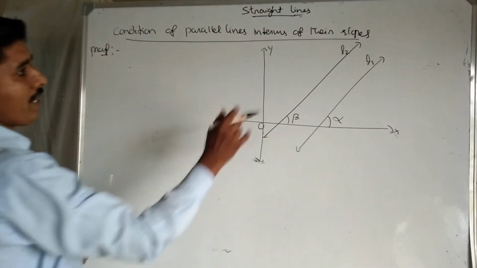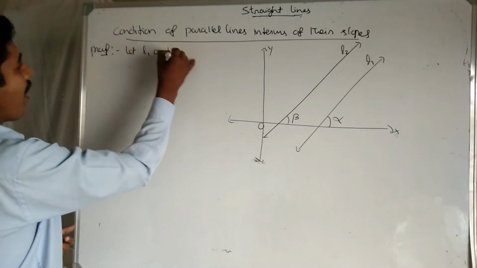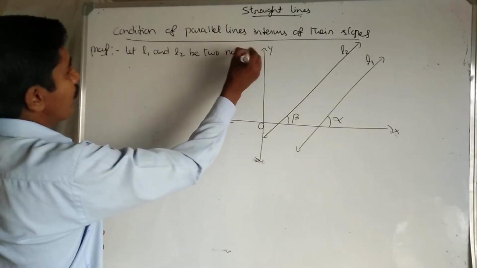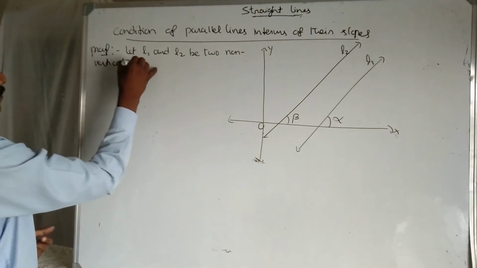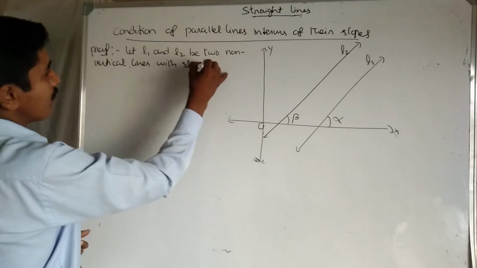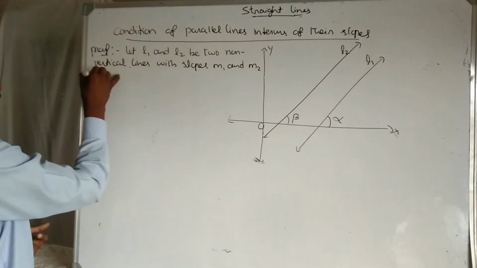So let L1 and L2 be two non-vertical lines with slopes m1 and m2 respectively.